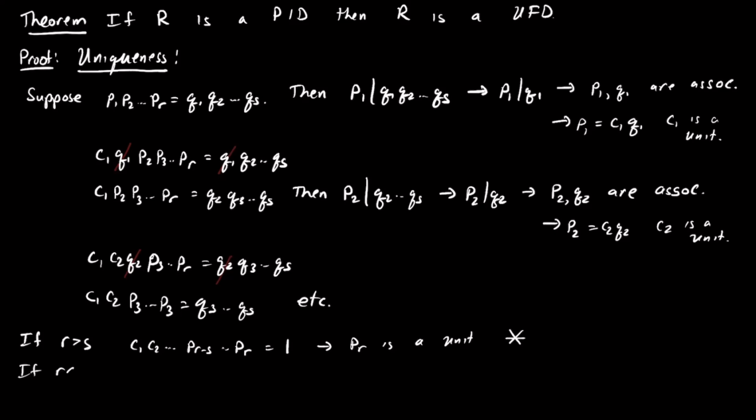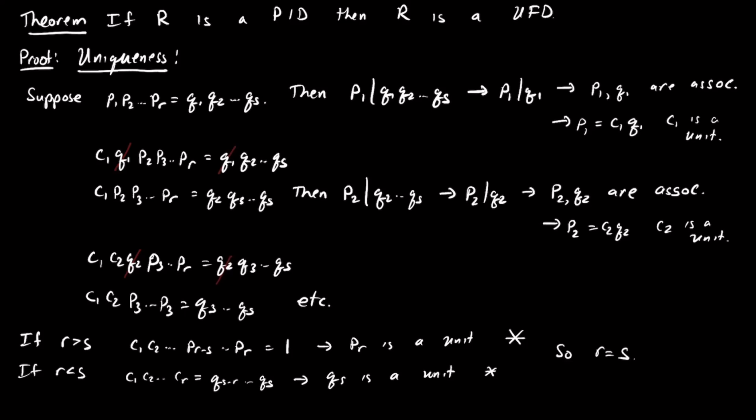If R is less than S, so if I have more elements on the right-hand side, then I'm going to get C1, C2 up to CR is equal to Q(S minus R) all the way up to QS. This tells me that QS is a unit, so this is a contradiction. So the only possibility is that R is equal to S.